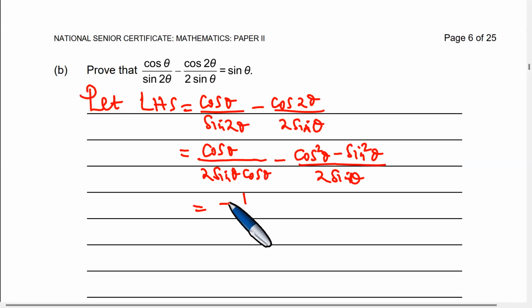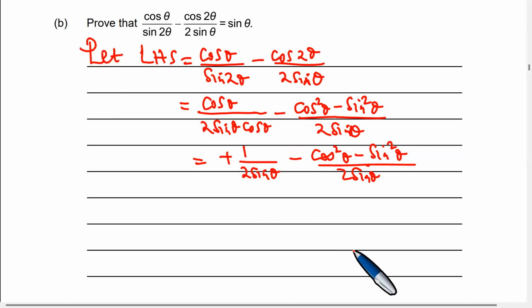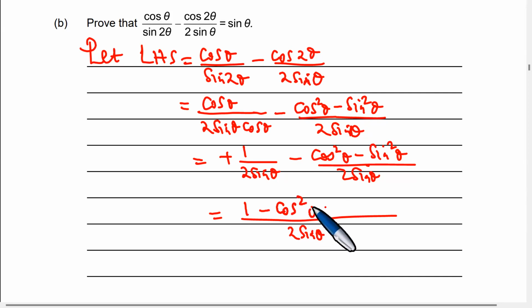Cosine cancels cosine, leaving us with 1 minus cosine squared minus sine squared divided by 2 sine theta. 2 sine theta is the LCD, so 2 sine theta divided by 2 sine theta is 1. You multiply the numerator through, so it will be minus cosine squared theta plus sine squared theta. So we have exactly this here.